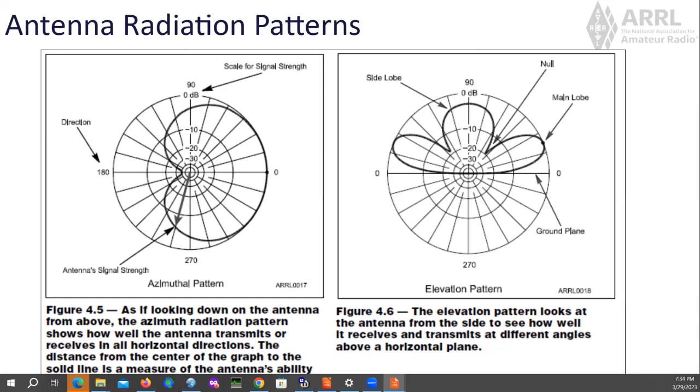You can get software that will show you this for any antenna that you want to think up and design, and I use that. It's a lot of fun because you can design an antenna in the computer before you ever touch a piece of wire, and it gives you ideas about what's going on.